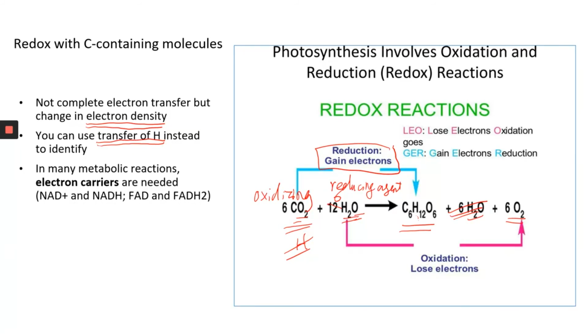So you're kind of passing the electrons. So usually we will have some electron carriers in those pathways to temporarily carry the electrons. The ones that we are going to see in this chapter are NADH and NAD plus. Okay, so that's one group.